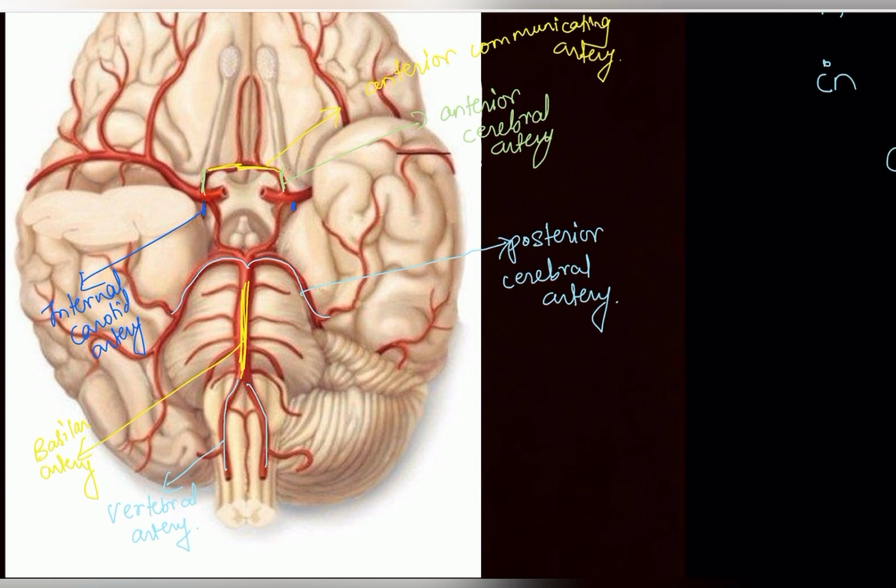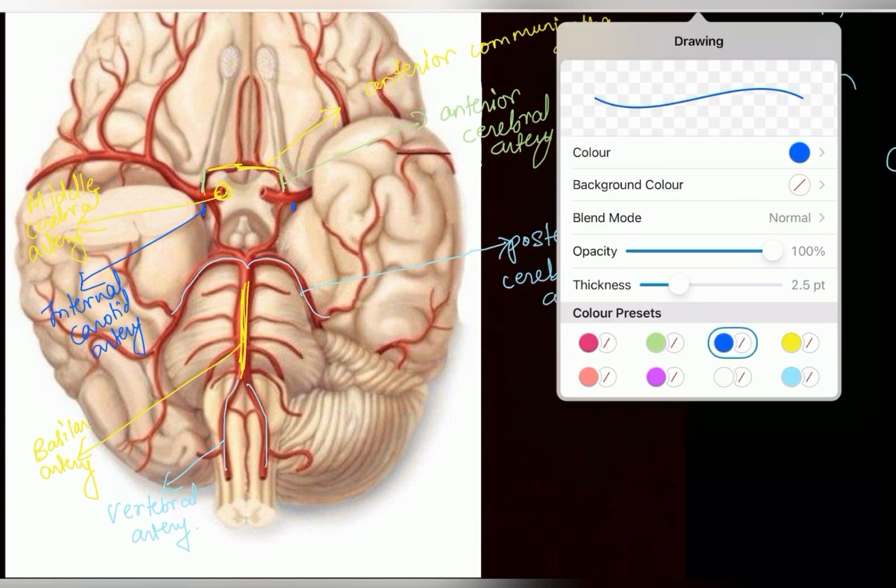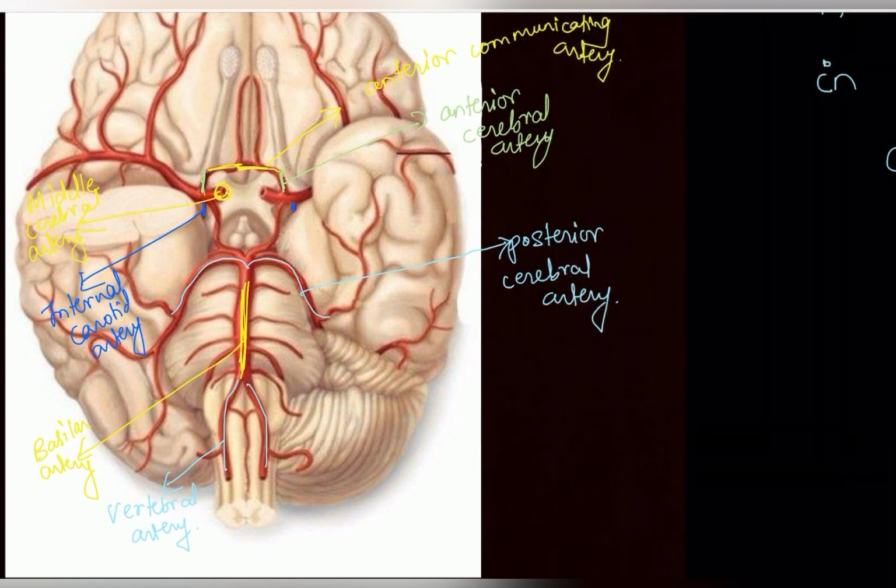This middle branch which you see here is the branch directly originating from the internal carotid artery. It is in the middle, so it is middle cerebral artery. And it's giving one posterior branch. This posterior branch is the posterior communicating artery. Okay, so this is the circle of Willis.